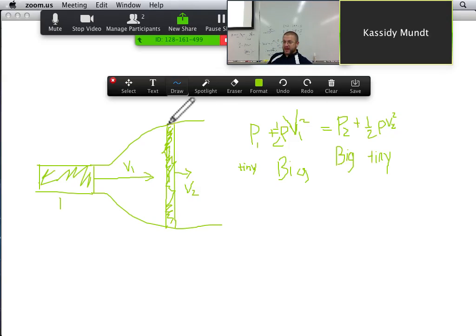So when you go from a big pipe to a small pipe, pressure decreases. You go from a small pipe to a big pipe, pressure increases. Okay? Pressure and speed are not the same thing. The speed of the fluid going up does not mean that the pressure has gone up.